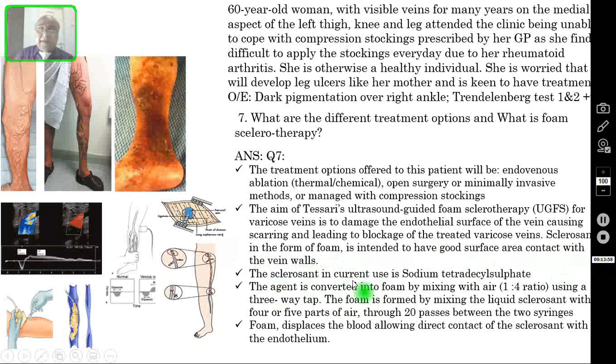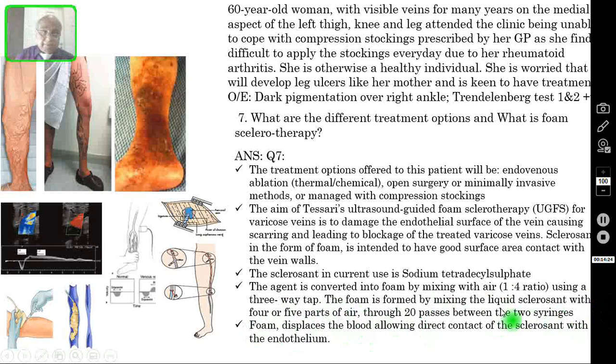The sclerosant in current use is sodium tetradecyl sulfate. The agent is converted into foam by mixing it with air, 1:4 ratio, using a 3-way stopcock. The foam is formed by mixing the liquid, that is the sclerosant, with 4 or 5 parts of the air through 20 passes between 2 syringes.